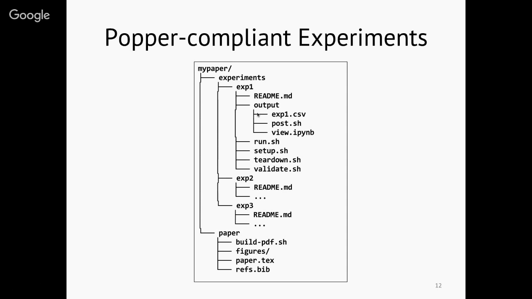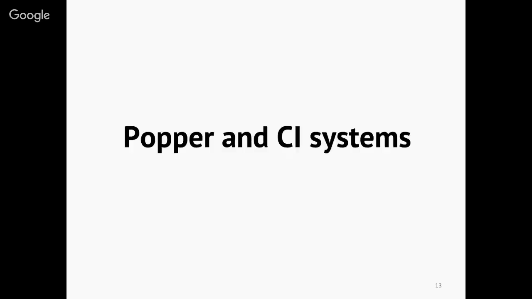Inside every experiment folder, we have scripts, and we will talk about why they are named like this. In general, depending on the tools you're using, these scripts are going to be different, but this is the common structure.